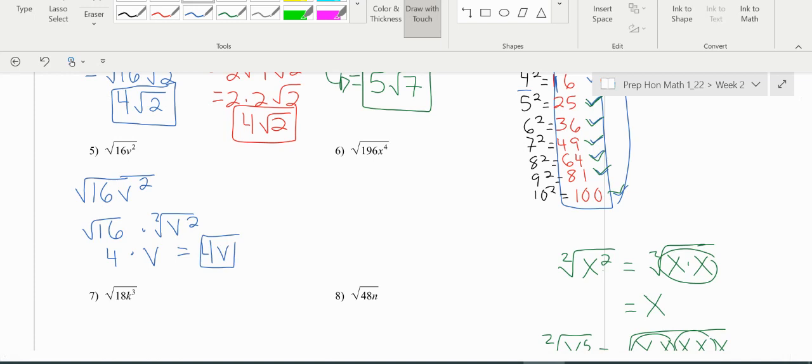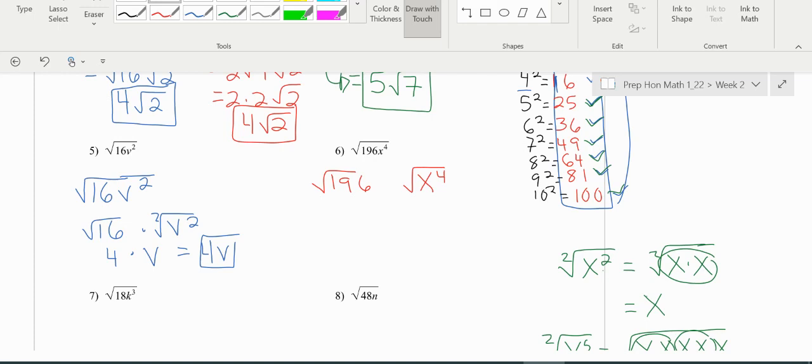For number 6, it's very, very similar. So I'm going to break it up into 2 pieces. So the square root of 196, the square root of x to the 4th. 196, we can try all of our perfect squares in there.